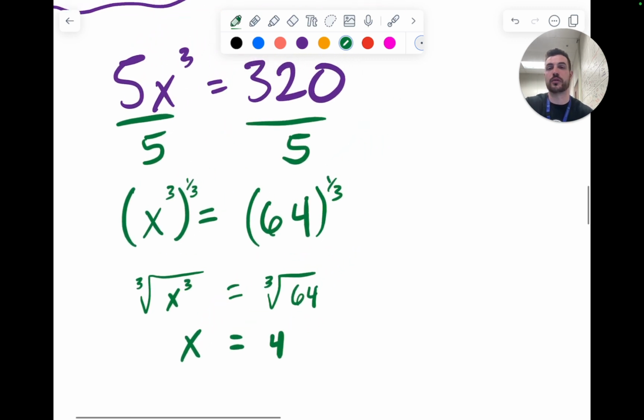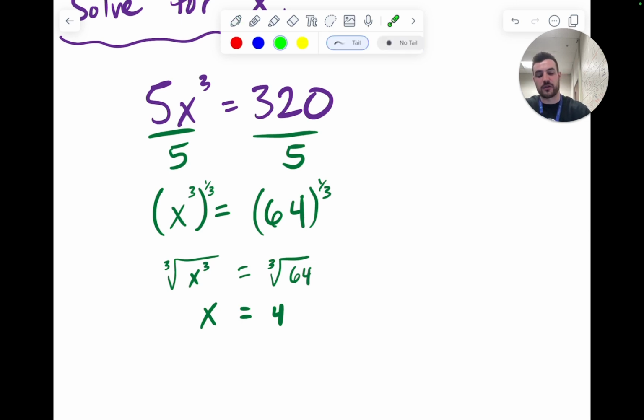Now, let me run through that one more time. I started off with the same approach I normally would for any other problem. I start to isolate my variable as much as I can by dividing by 5. Now, when I did that, I was left with x to the third power is equal to 64. I knew that I wanted to get x to the first power, so I needed my exponent to become 1. Well, 3 becomes 1 by multiplying by 1/3, so I raised it to the 1/3.